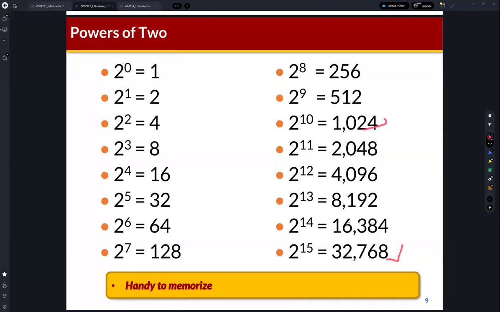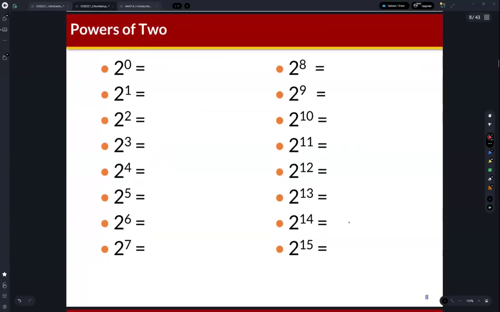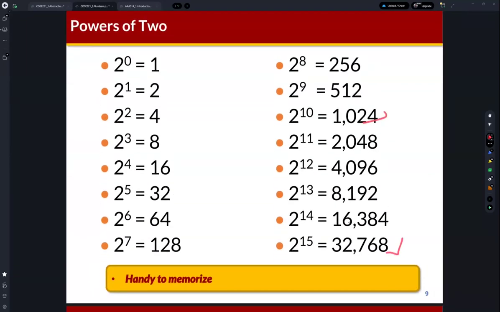Why? Because we frequently use a decimal number system, and decimal number systems are very familiar to us, so we can easily calculate the magnitude of each digit of a decimal number. But as computer engineering students, we will frequently handle binary numbers or binary data.